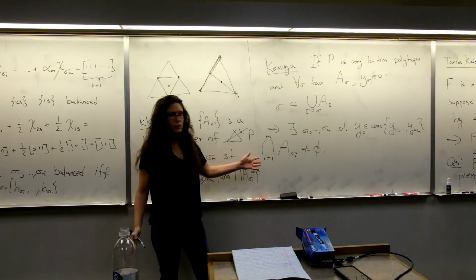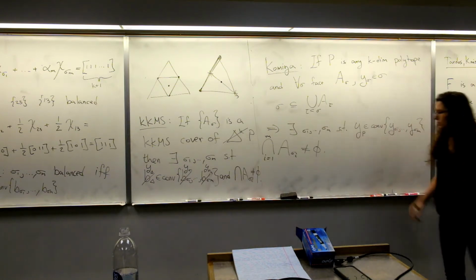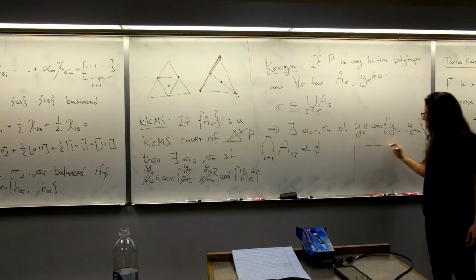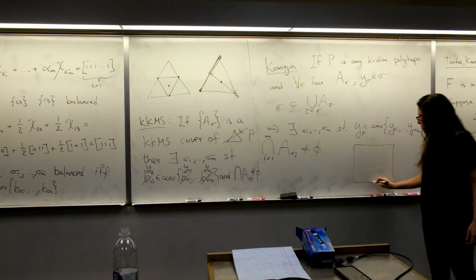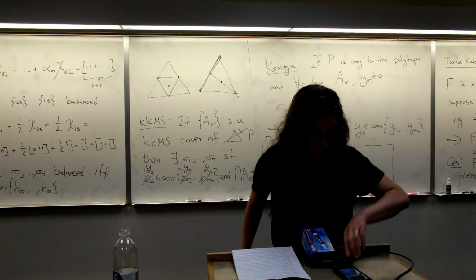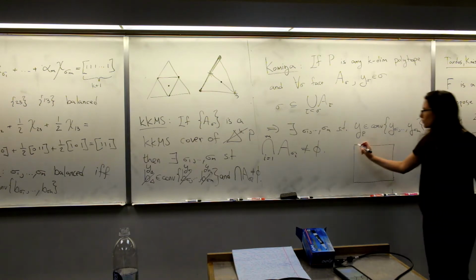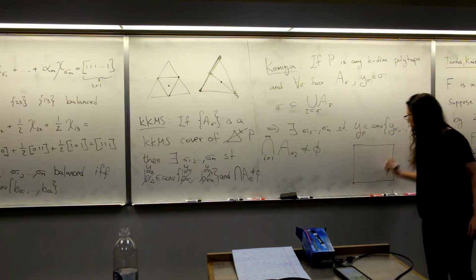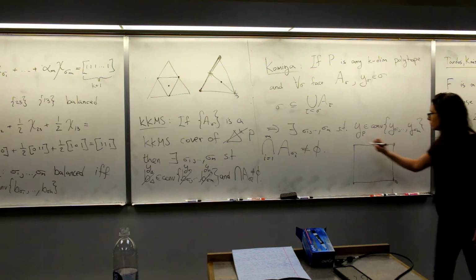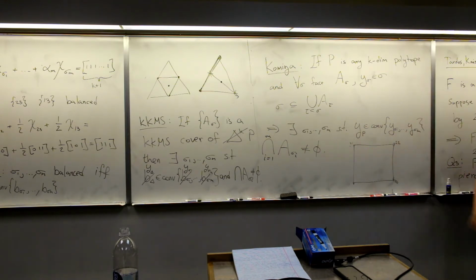Let us see an example of how to apply this theorem. So let us take the unit square with vertices 1,1, 1,2, 2,1, and 2,2, just names, okay?